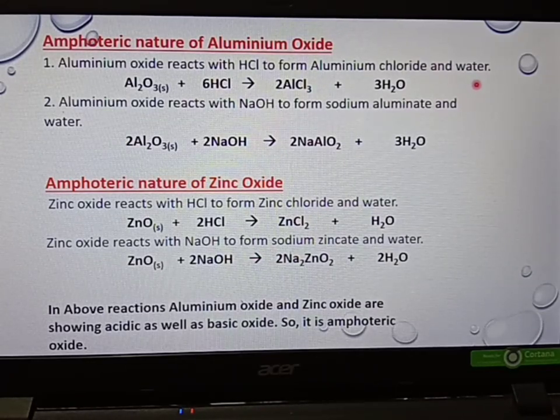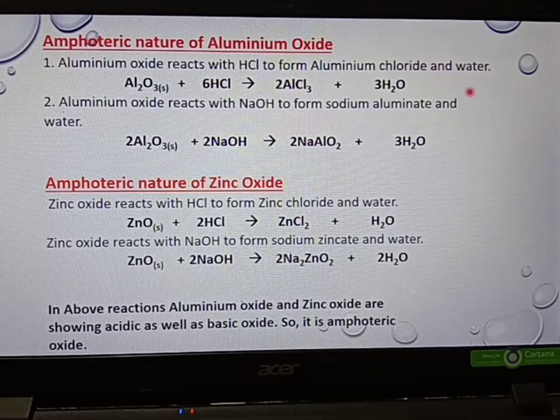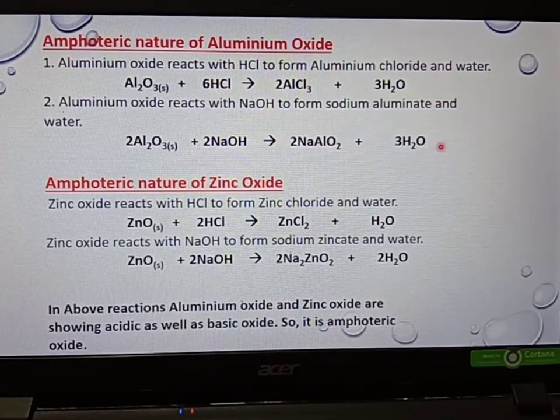Similarly, the question may ask, how can you prove that aluminium oxide is amphoteric? Or describe the amphoteric nature of aluminium oxide. So children, in every case, you need to provide these two reactions where you show the reaction of the amphoteric oxide.